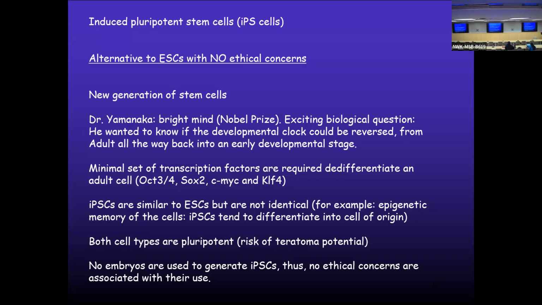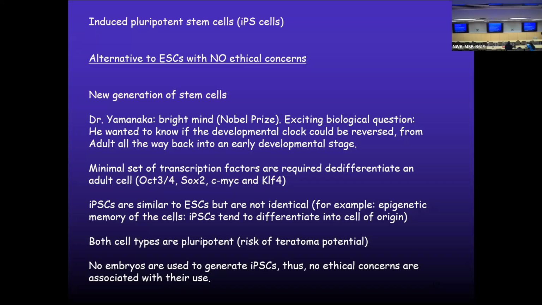So someone, a bright mind, thought about circumventing, bypassing the problem of the teratoma potential and the ethical problems, but not the teratoma potential. That is Shinya Yamanaka in Japan. He got the Nobel Prize, and he thought, can I make similar cells to the embryonic stem cells, but not embryonic?